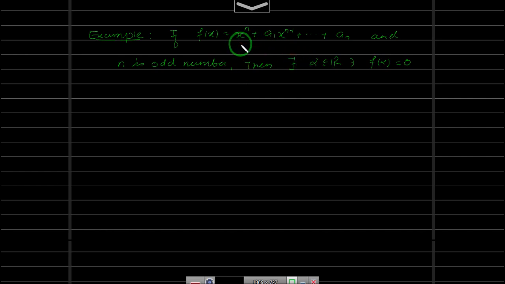Since n is odd, and by the fundamental theorem of algebra, this is an nth degree polynomial. If you take the equation of this, this will have n roots, right? And we also note another fact, that if a complex number z is a root of this equation, then obviously its conjugate is also a root of this equation. So if z is a root, then z bar is a root, right? So possibly you may have an even number of complex roots, plus you have one more.